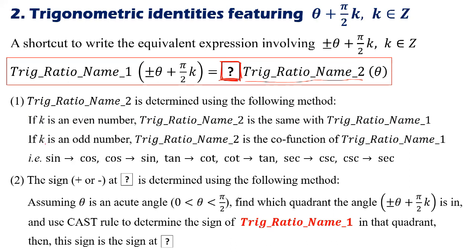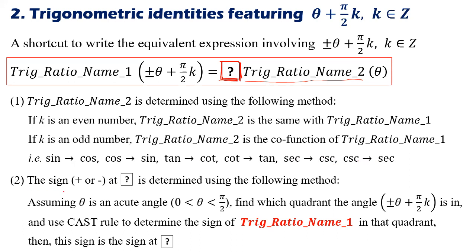And if k is an odd number, trigonometric ratio 2 is the cofunction of trigonometric ratio 1. That means when k is an odd number, sine becomes cosine, cosine becomes sine, tangent becomes cotangent, cotangent becomes tangent, cosecant becomes secant, and secant becomes cosecant. Understand?